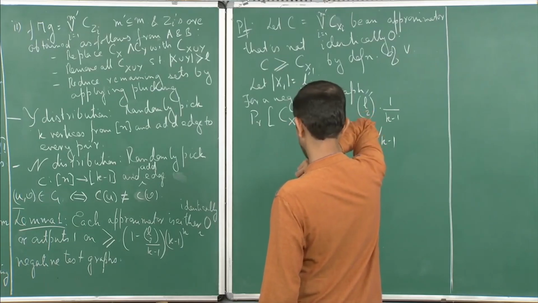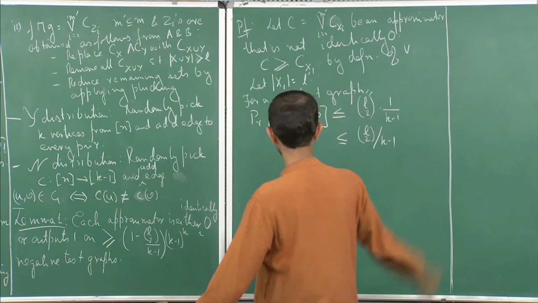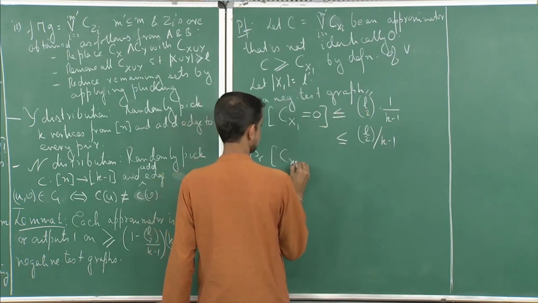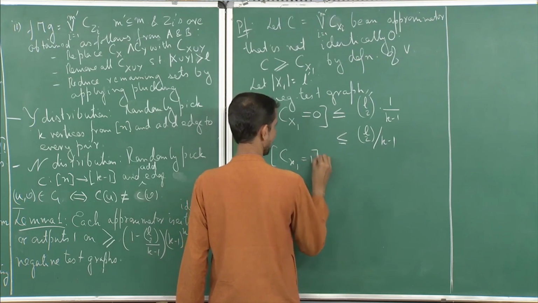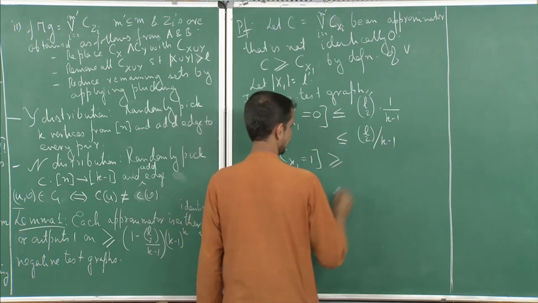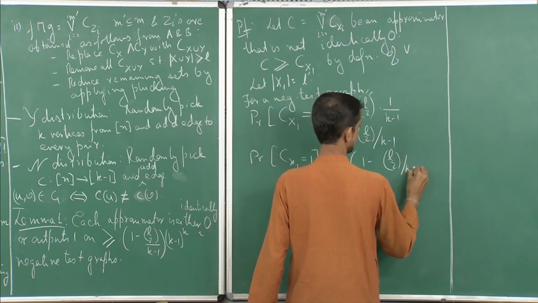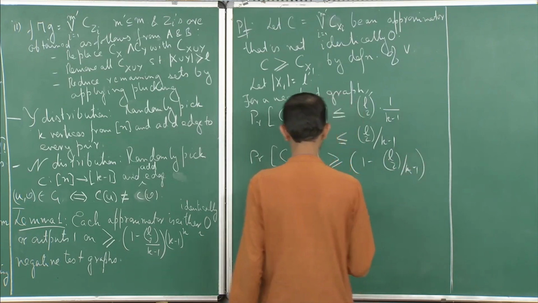I think we don't need much more here. So the probability that Cx1 is equal to 1 is greater than or equal to 1 minus L choose 2 by k minus 1.